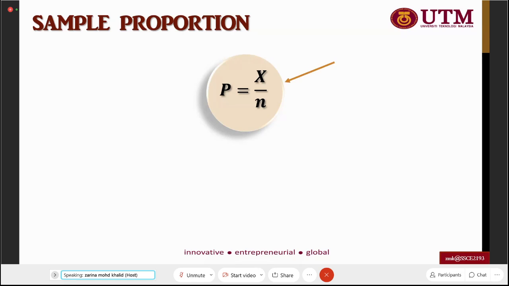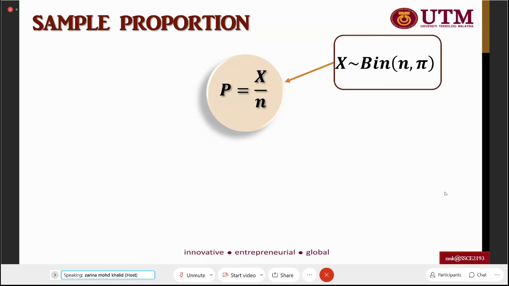So if you can recall your binomial distribution, the x here is actually binomial. This x is a binomial random variable where the number of trials is n. That's why I said for this particular topic, we assume the number of trials n is the sample size.